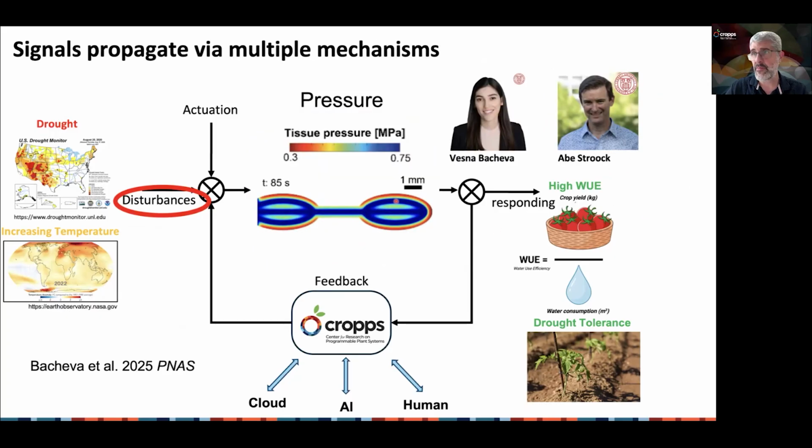Last year, for example, we published an exciting paper in PNAS where we investigated how such disturbances lead to hydraulic waves that rapidly move through plants to potentiate changes in stress physiology.